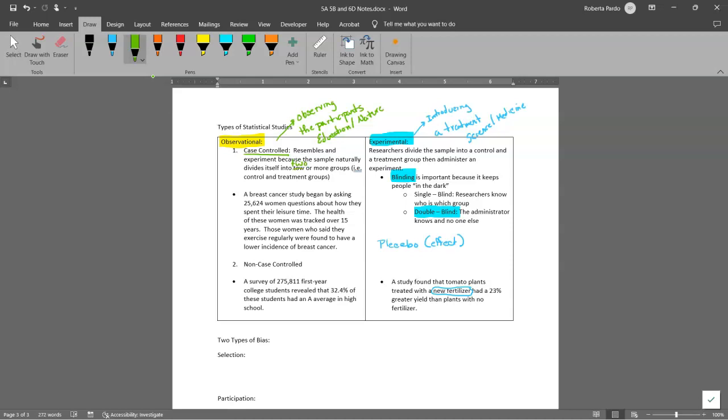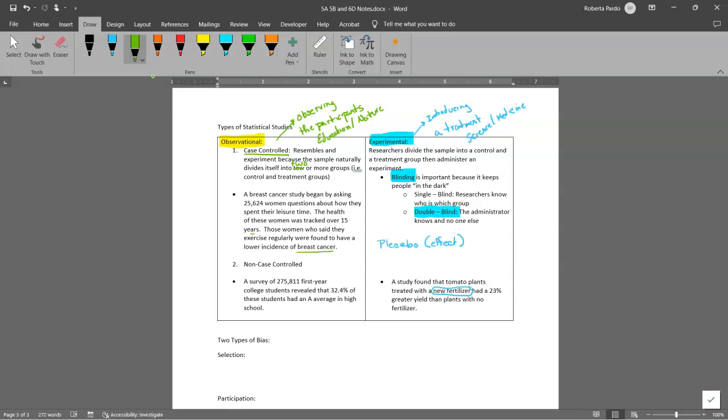An example of this is, let's say a breast cancer study was done, and 25,624 women were questioned. So that's our sample. They wanted to find out about the health of these women, and it was tracked over 15 years. So this is what we would call a longitudinal observational study. They're looking at women who exercise regularly versus those that don't, and whether or not they incur breast cancer.